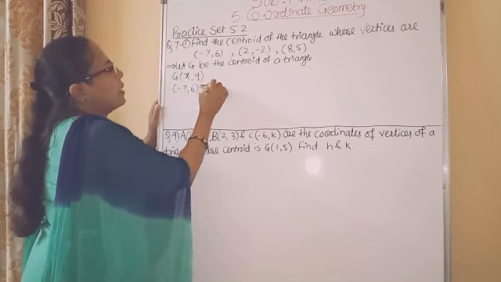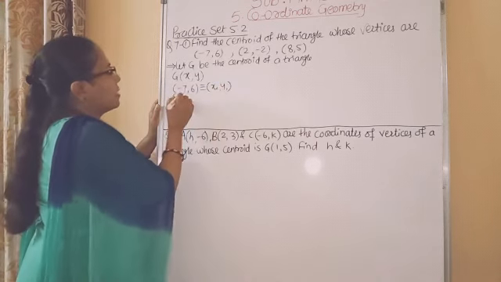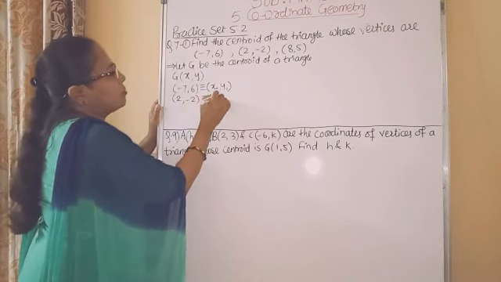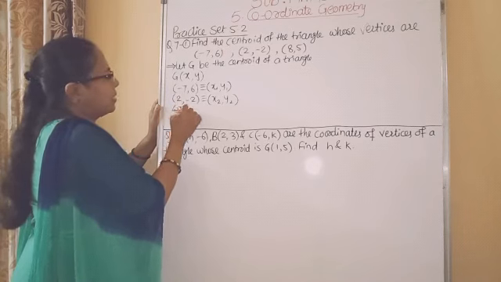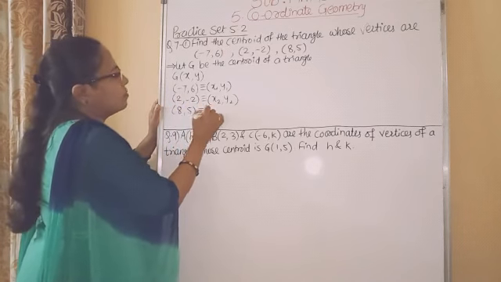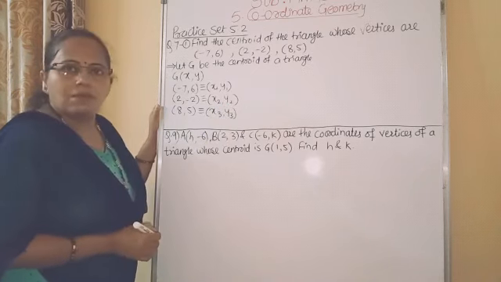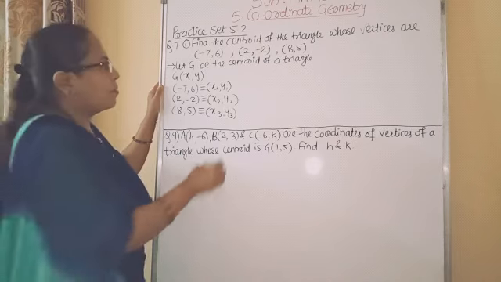This we will assume as (x1, y1). The second vertex is (2, -2). This we will assume (x2, y2). The third vertex is (8, 5). This we will assume (x3, y3). Followed? Now here we have to use the centroid formula.